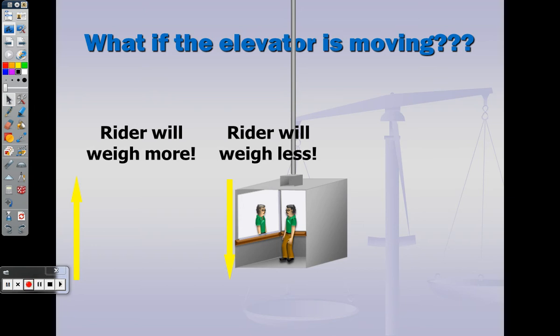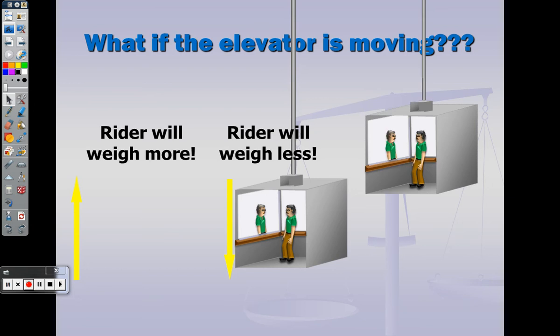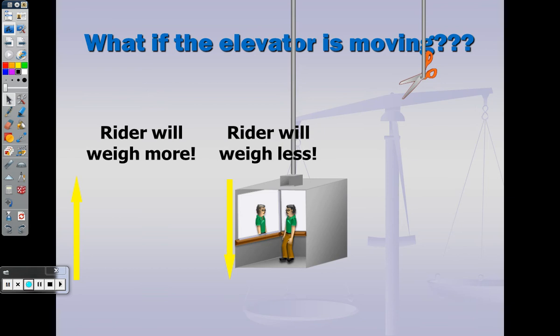Okay, what about... Oh, that animation's not going to work. Guy just hanging out. And then... Someone's cut the cable! How much is he going to weigh on the way down?